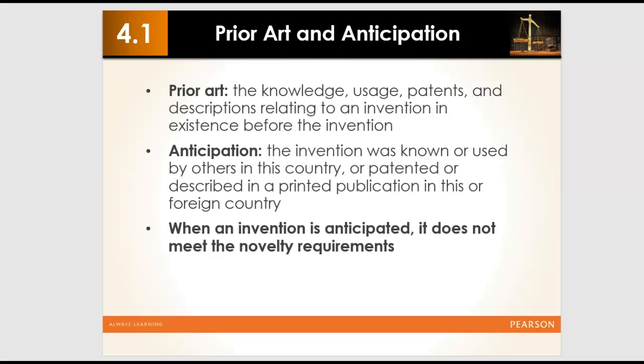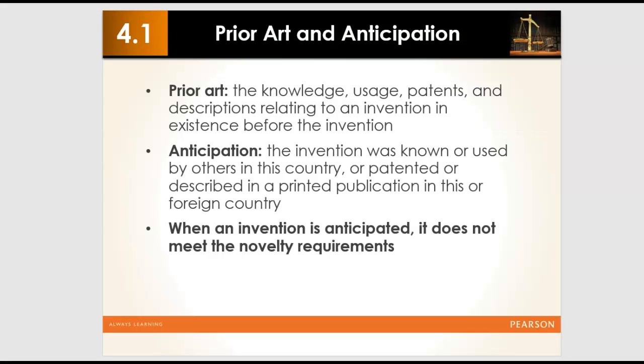Okay, so another concept we need to explore is the anticipation concept. So when a product or a process is already known or used in other countries or even patented, it means this invention is anticipated.